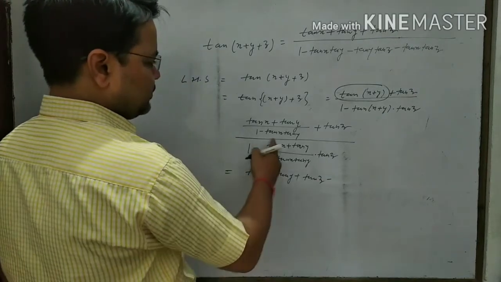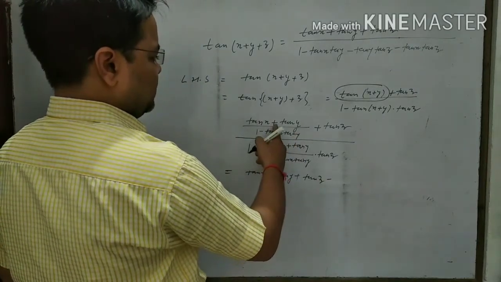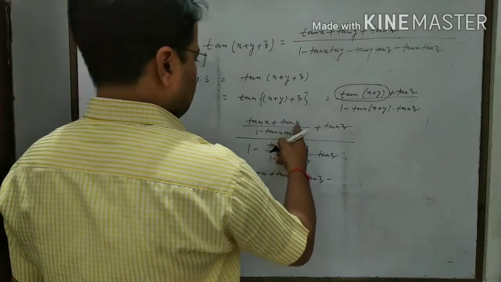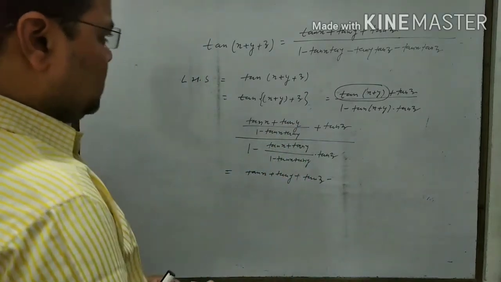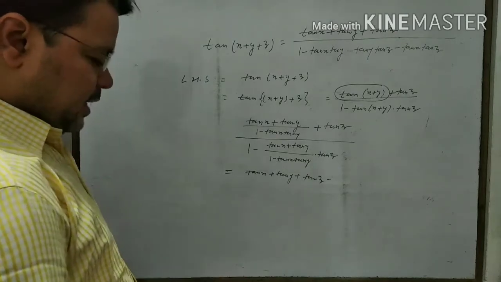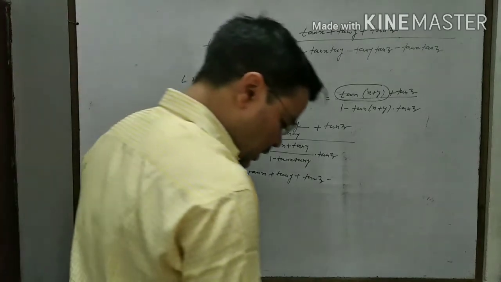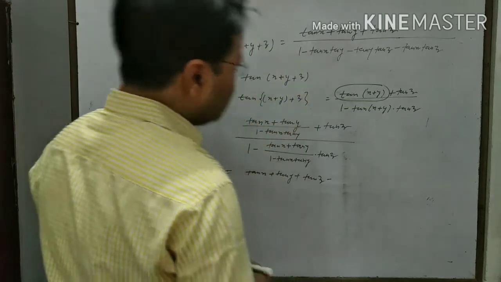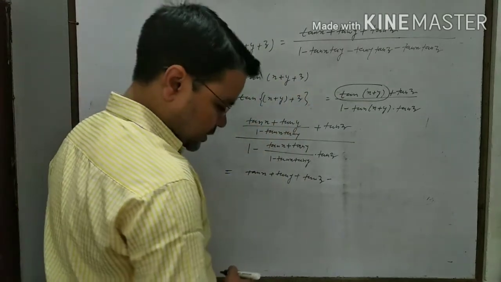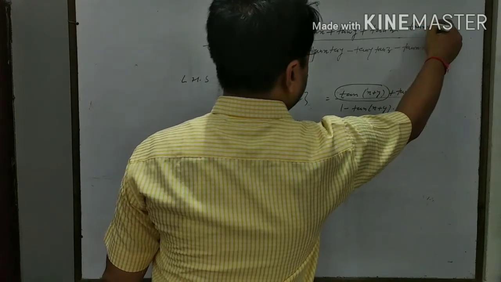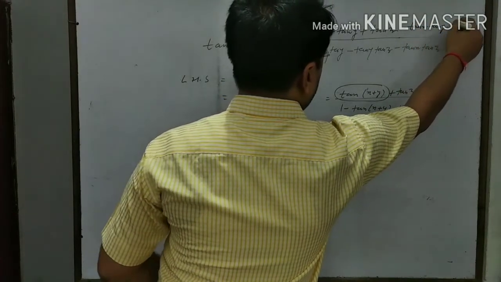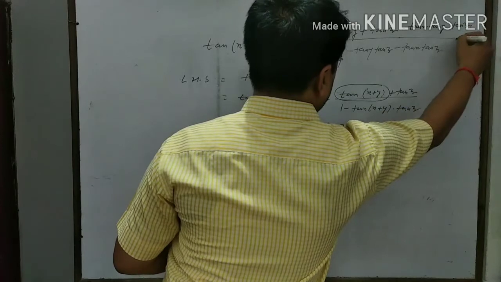Minus tan x plus tan y, and like this way tan z, minus tan x tan y tan z. Here it is wrong, here tan x, tan y and tan z.